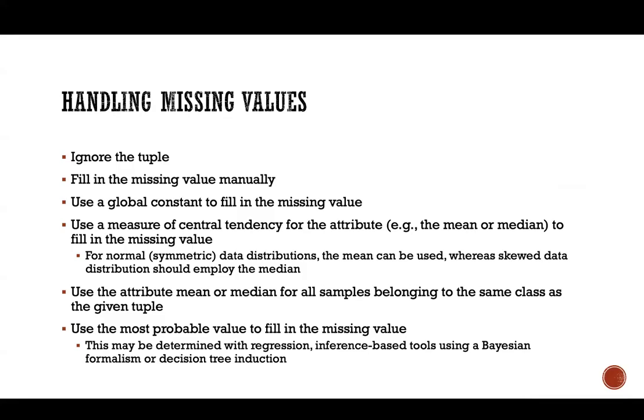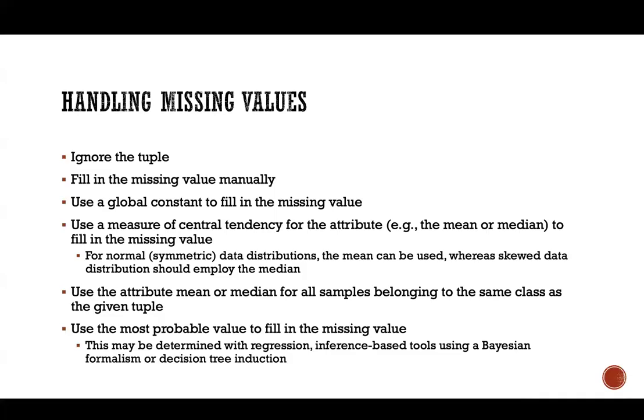But the problem with this is that the machine learning model, data mining model, may assume that that is a true number for what that attribute is about, and that can create some incorrect predictions.